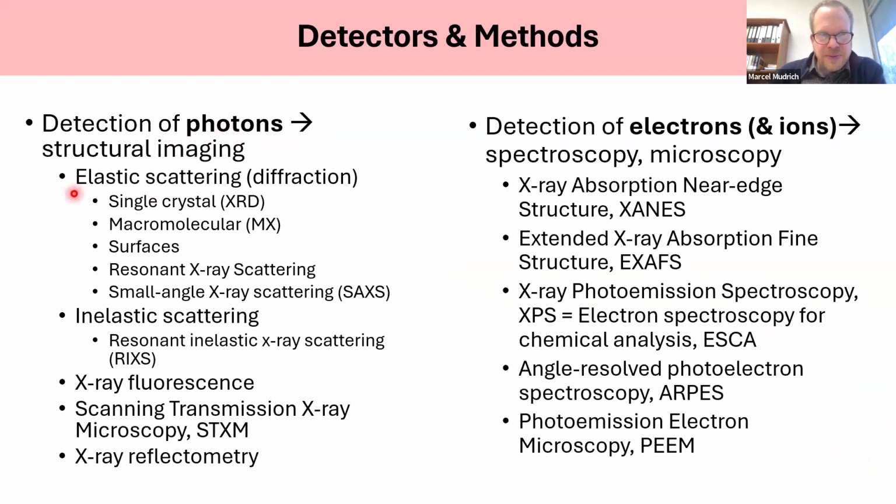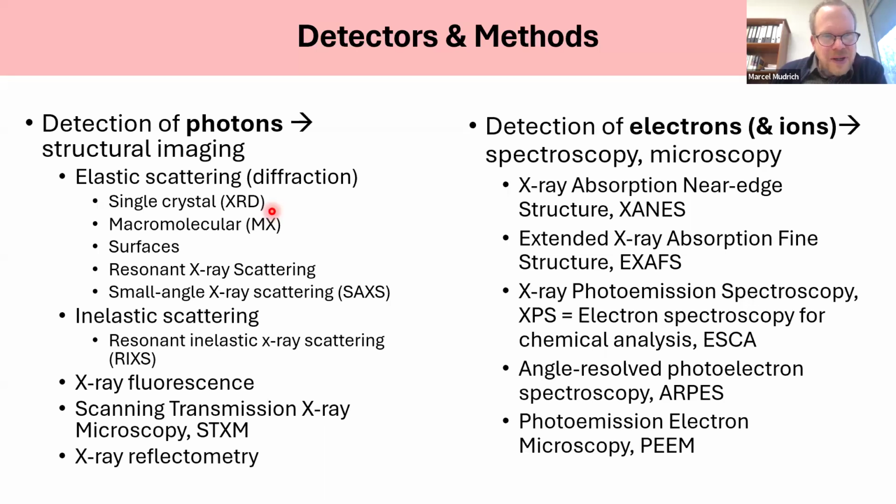And here the most commonly used method is detecting elastically scattered photons, or we can also say diffracted photons from some mostly crystalline target. So this is XRD, X-ray diffraction.